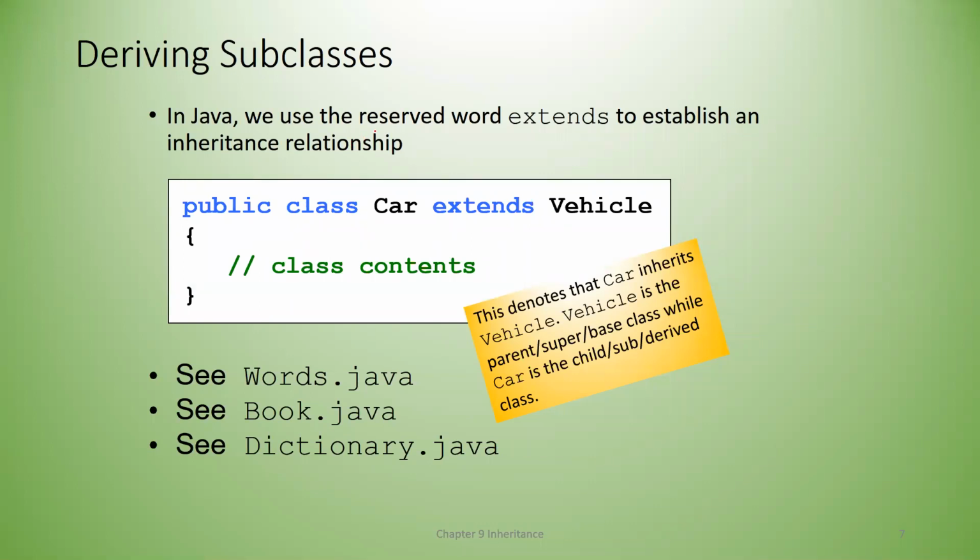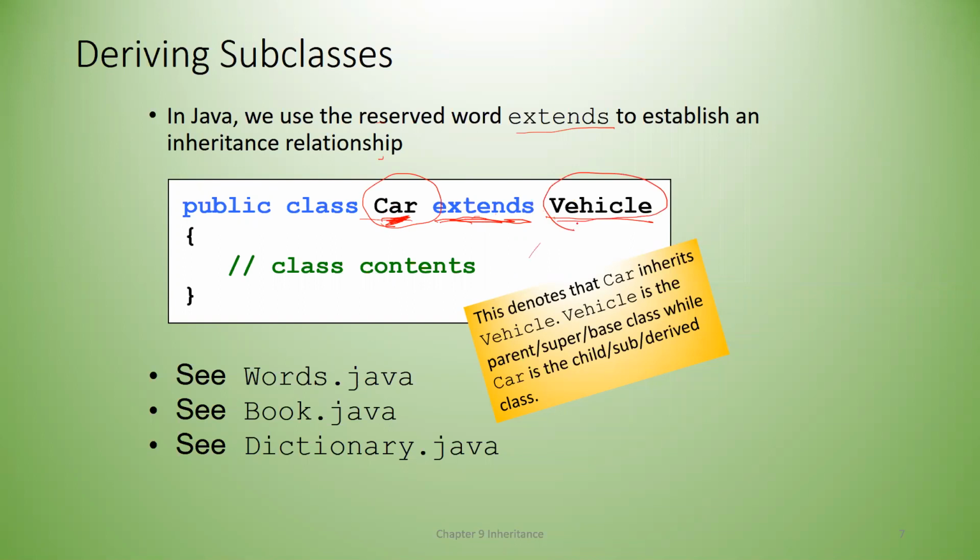In Java, we use the reserved word extends to establish an inheritance relationship. So car, that's the class name, extends, that's the keyword signifying inheritance, vehicle. So this is the current class, the derived class, and this is the parent class.